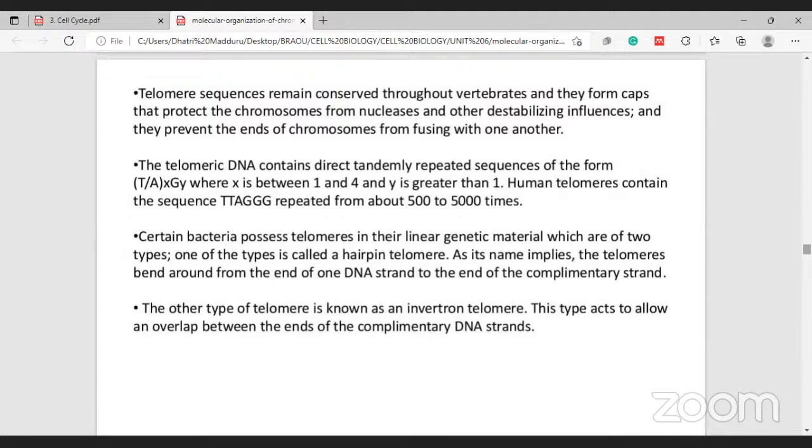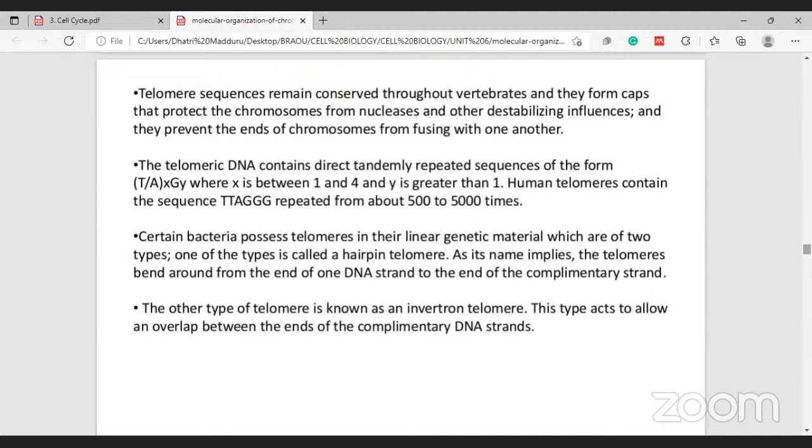Human telomeres consist of the sequence TTAGGG, which is repeated 500 to 5,000 times. Certain bacteria possess telomeres in their linear genetic material, which are of two types. One type is the hairpin telomere.